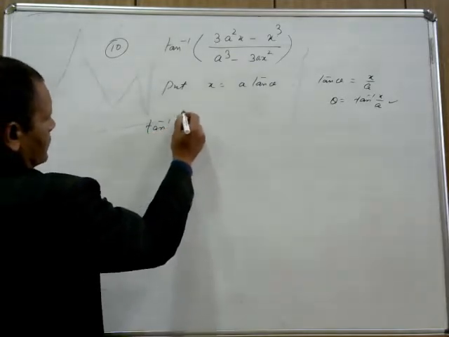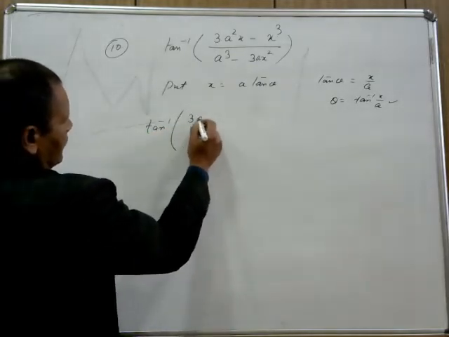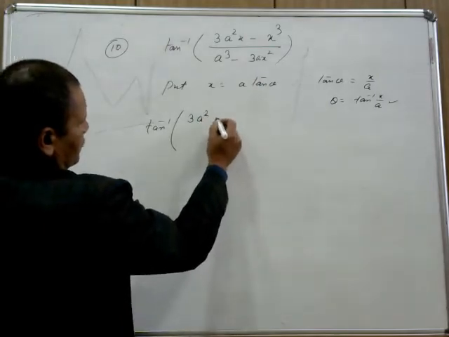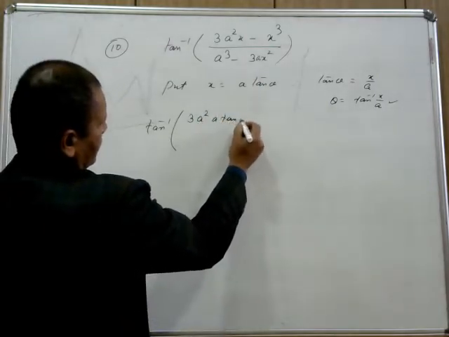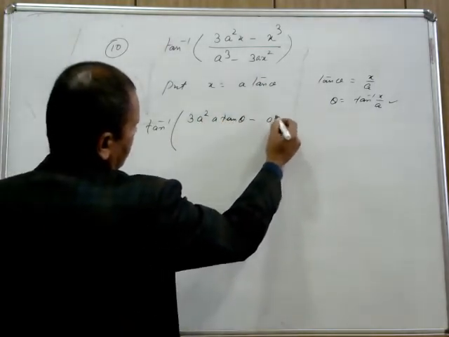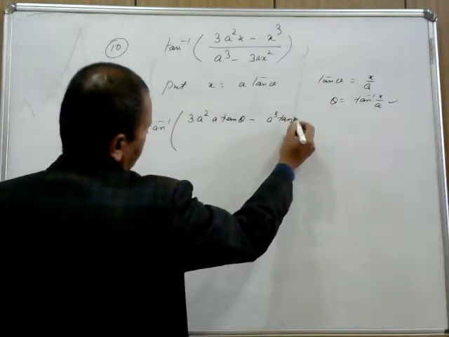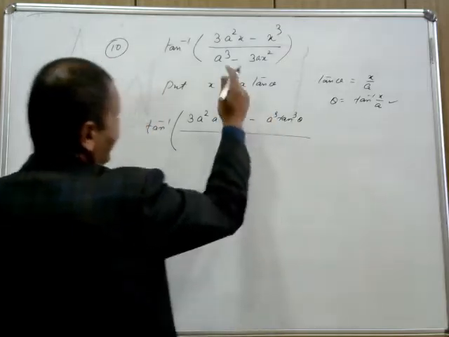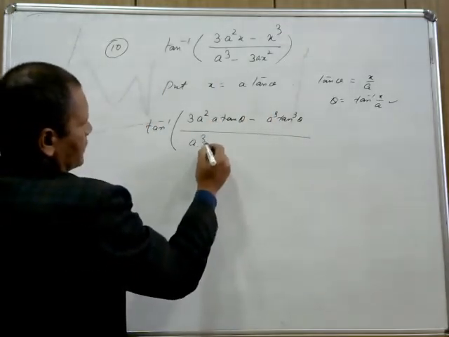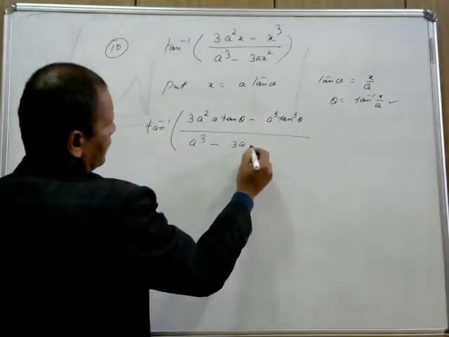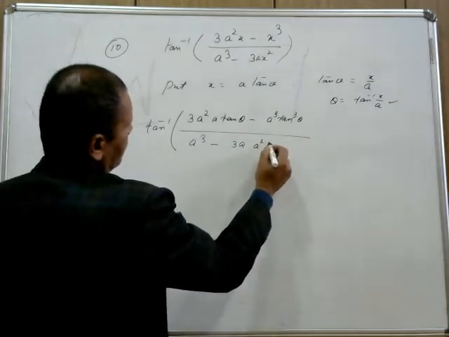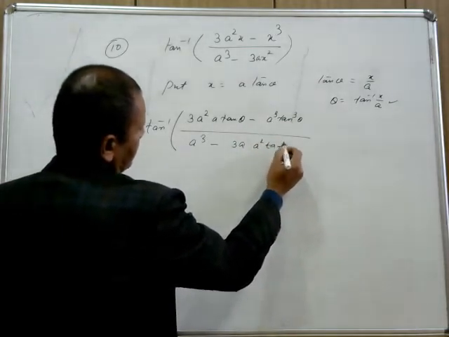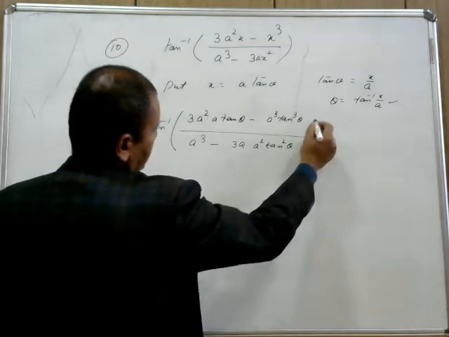Tan inverse of (3a square into a tan theta minus a cube tan cube theta) whole divided by (a cube minus 3a into a square tan square theta).